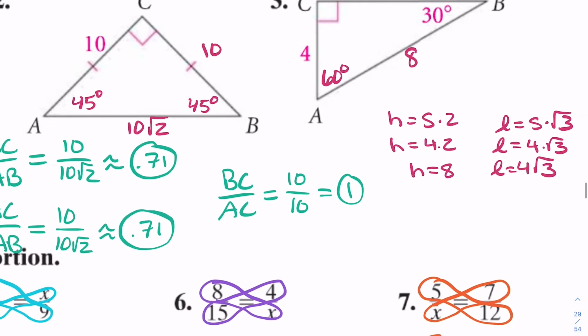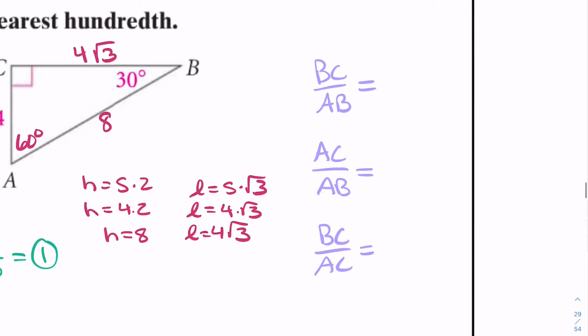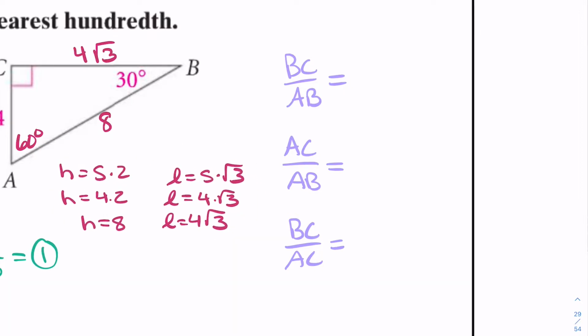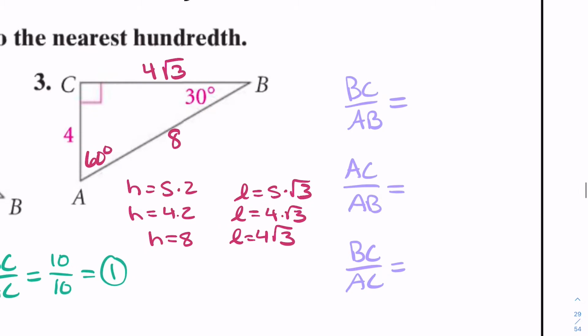All right. And then in the last one, hopefully we don't run out of room here. All right, BC is 4 square roots of 3 over AB, which is 8. AC is 4 and AB is 8, which is 1/2. That one's easy.